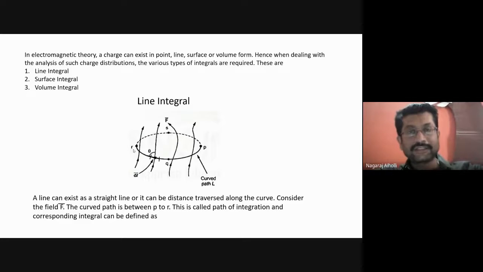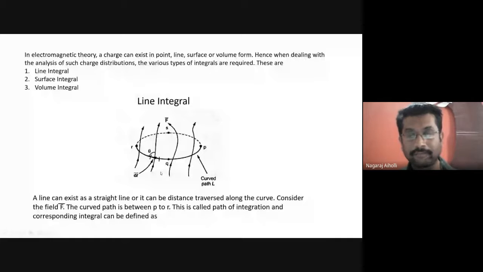Hence, a line can exist as a straight line, or it can be the distance traveled along the curve.